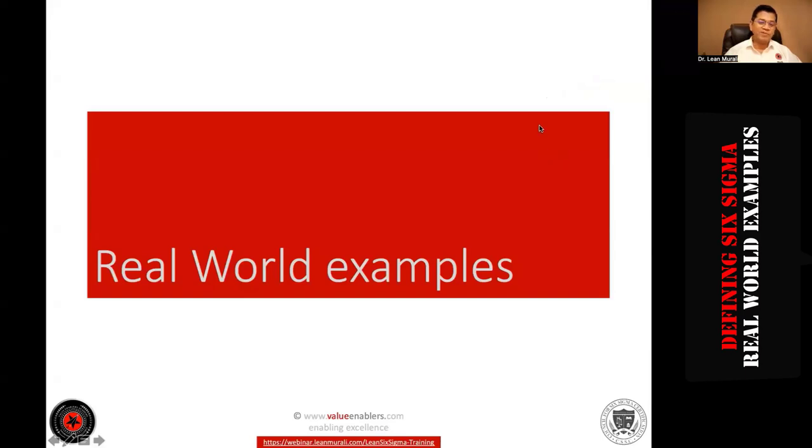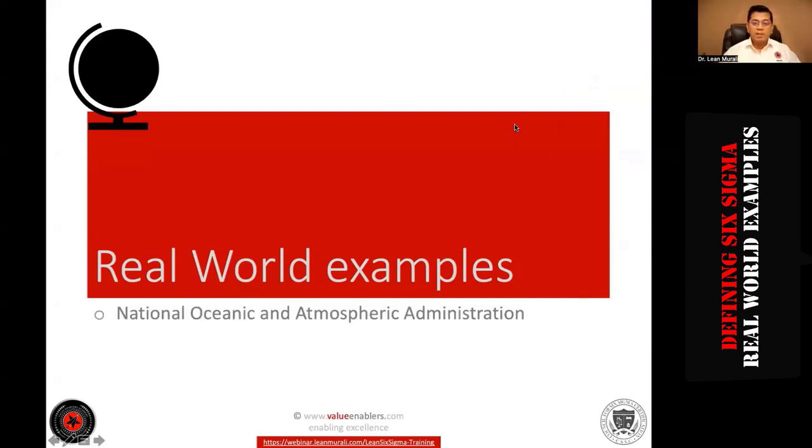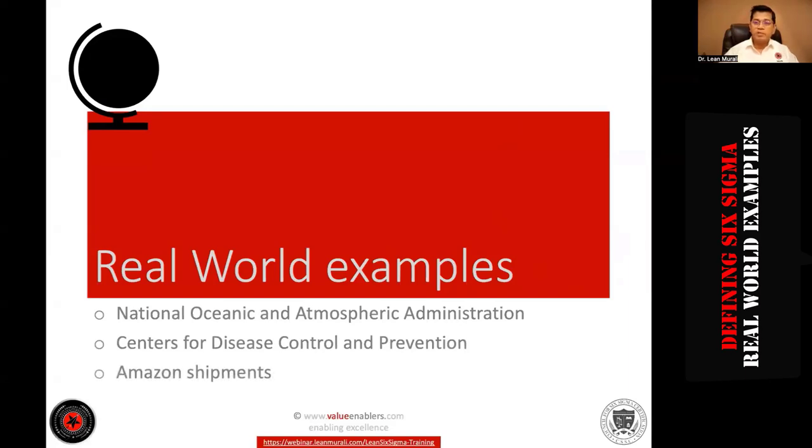All right, let's see some real world examples. We'll share some examples like the National Oceanic and Atmospheric Administration, the Center for Disease Control and Prevention, and Amazon shipments. We'll just take 3 real world examples to illustrate this 6 sigma concept.